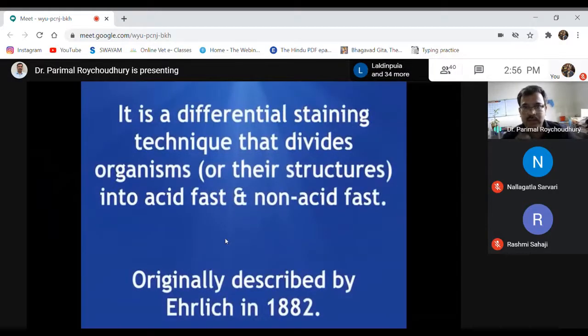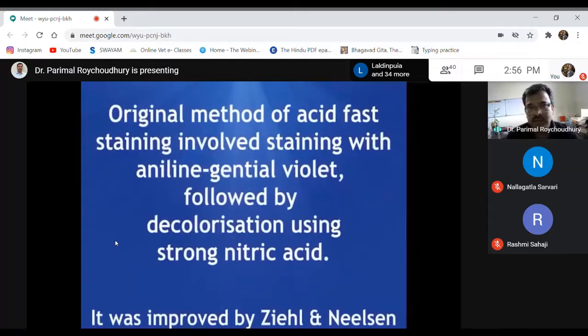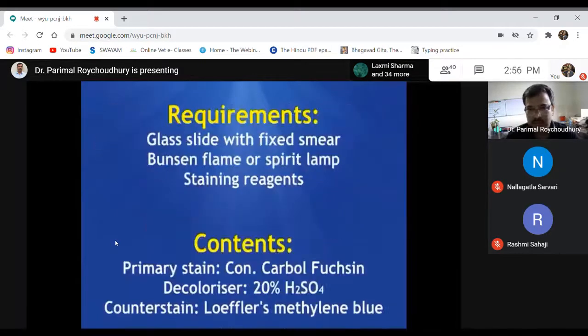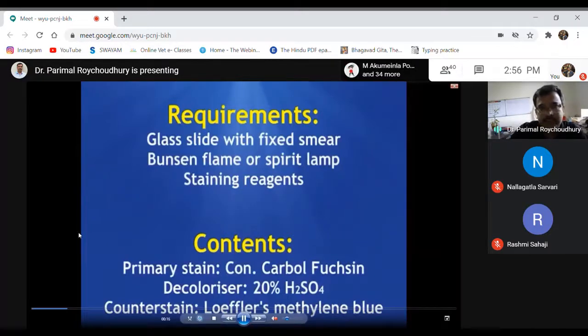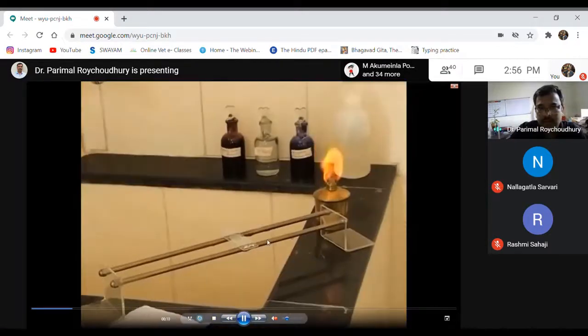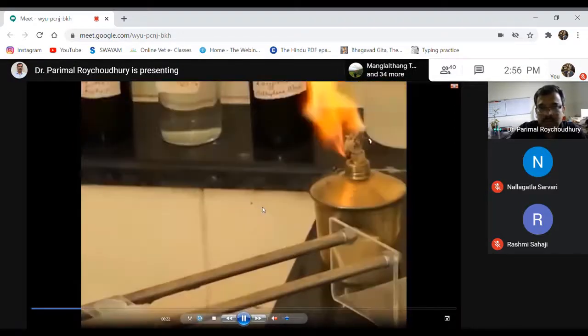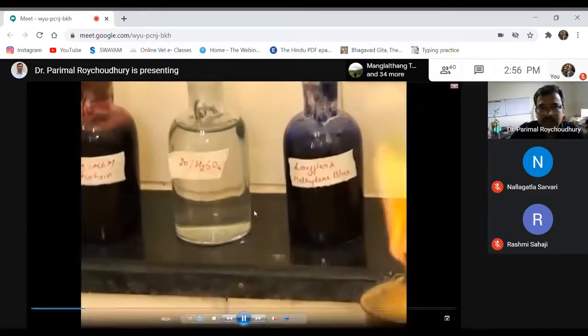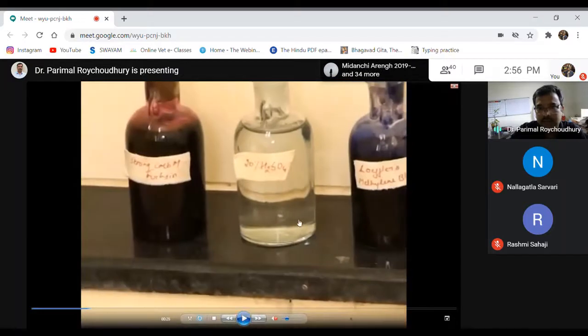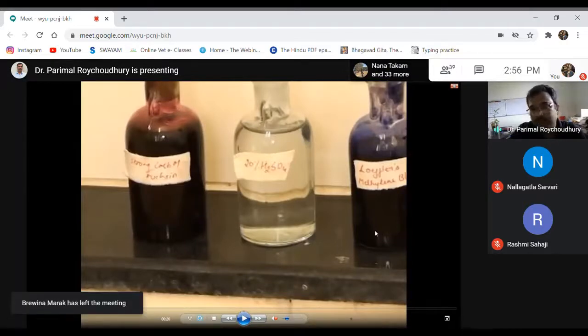The acid-fast staining technique. Of course, this video I have just taken from YouTube. Some points I'm not happy with in this video, but still I can explain the things. We need a flame for heating, but here the heating procedure is different. They're applying direct heat by passing the glass slide through it, but it's not a preferred method.